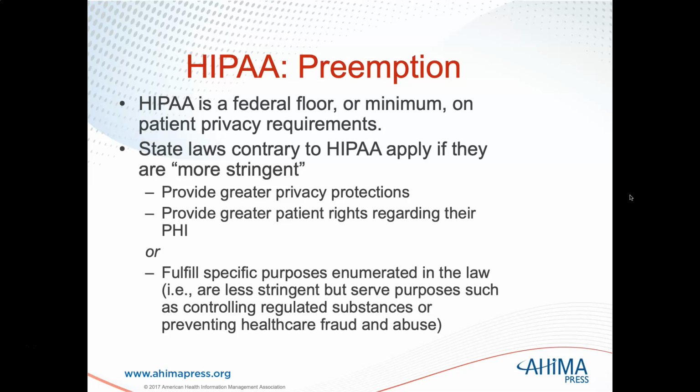Well, first and foremost, you look at which one is more strict or more stringent, and that is the one that you have to follow. So if HIPAA is more stringent than your state law, you follow HIPAA because that's the minimum. If your state law is more stringent than HIPAA, then you have to follow your state. And that's what it means about preemption.